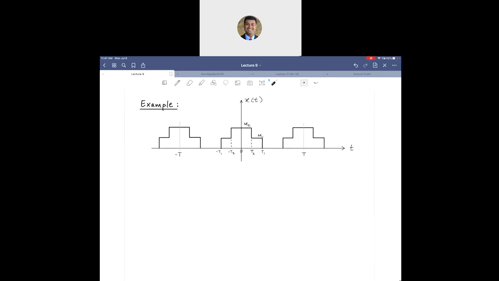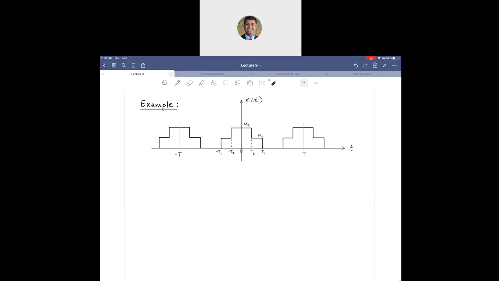And the time period of the signal x of t is cap T. And in fact, the way it is sketched, the time period of the shorter rectangle is also cap T, and the time period of the taller rectangle is also cap T, and everything is centered around 0. So it's in a very convenient form for me to use linearity.